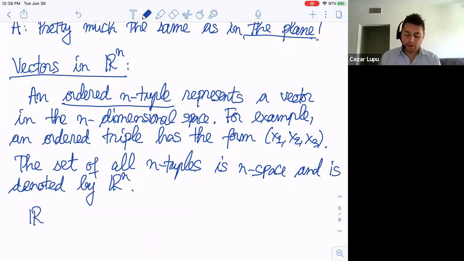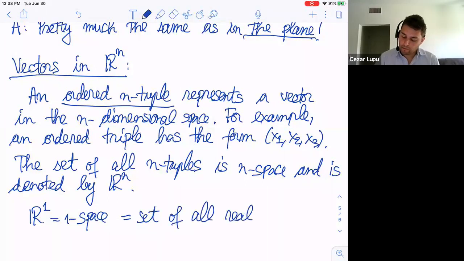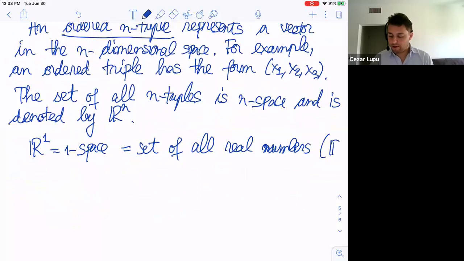So let me say it explicitly. R1 is the one space, which is the set of all real numbers. The R, remember, the set of real numbers that you have been so used to.